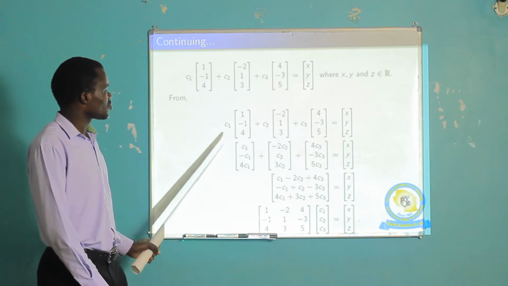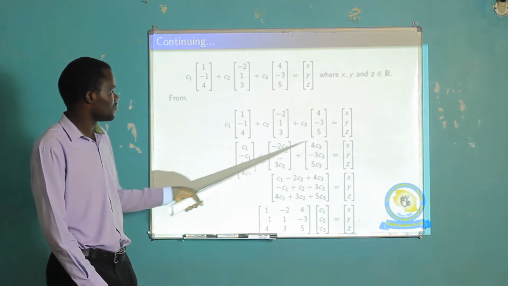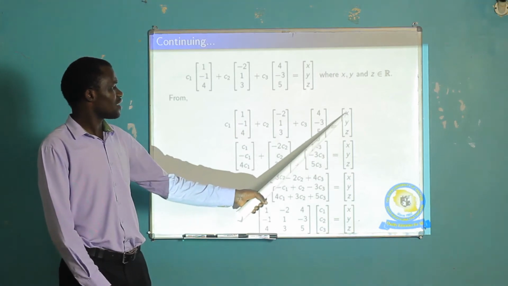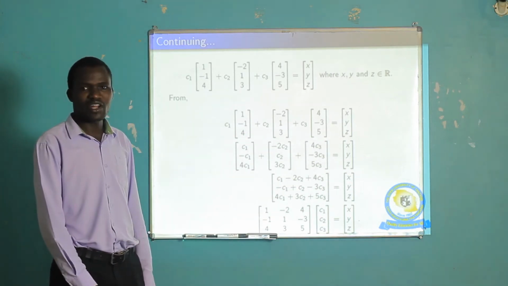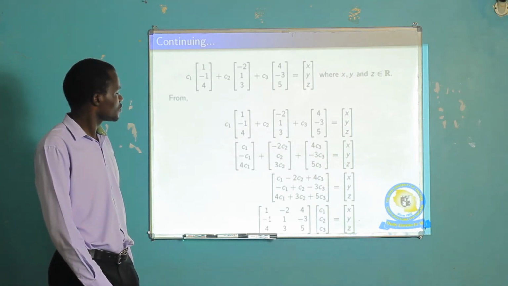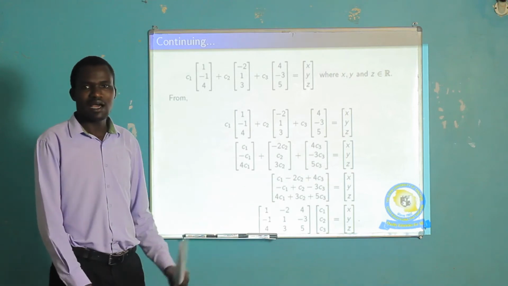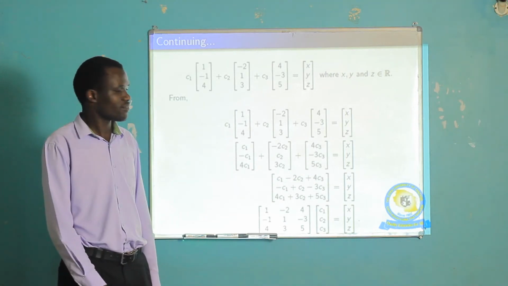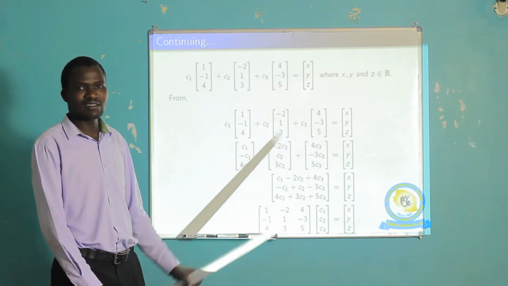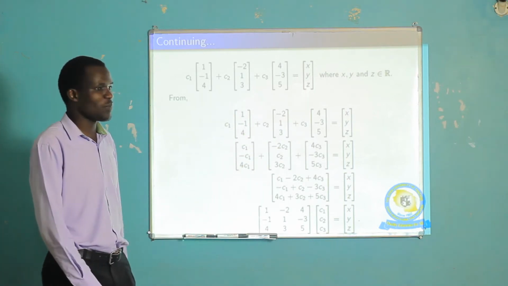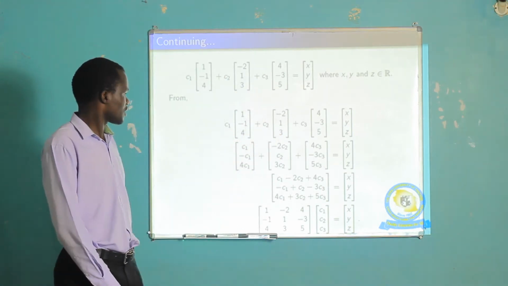Okay, so just continuing to find the solution. Here, x, y, and z are just any real numbers, and C1, C2, and C3 are just any real numbers. So here, we first multiply these scalars with their respective given vectors, vector 1, vector 2, and vector 3.